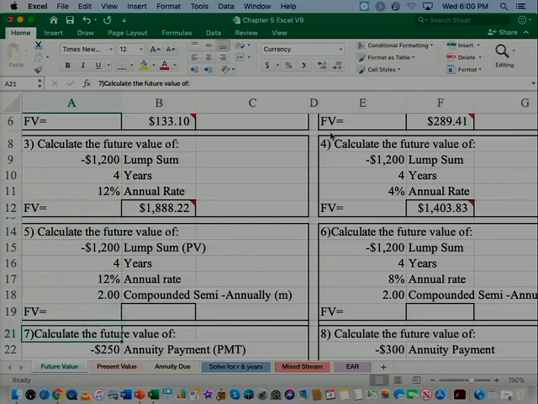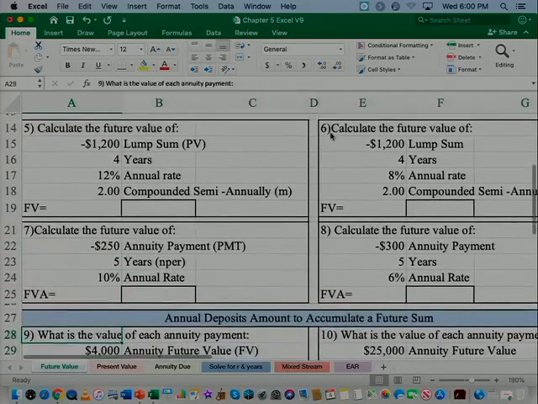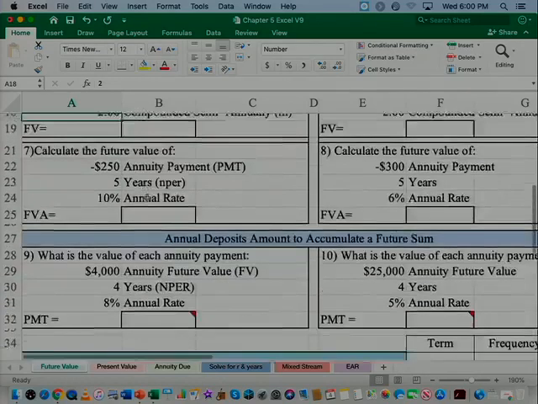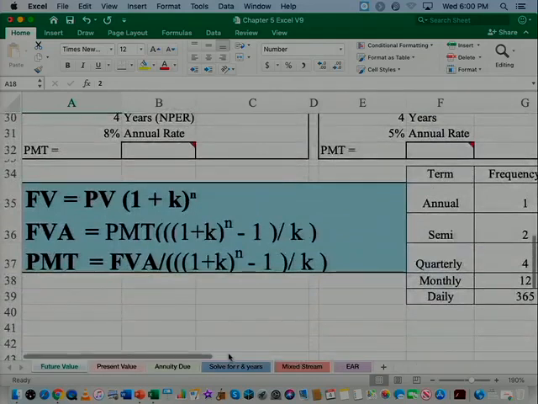Moving to problem number 5. Here we have $1,200 for 4 years at a 12% rate, but now we're adding the frequency M, which means it's compounded, semi would be compounded twice a year. And at the very bottom, there's a little chart. We have the original formulas from the textbook.